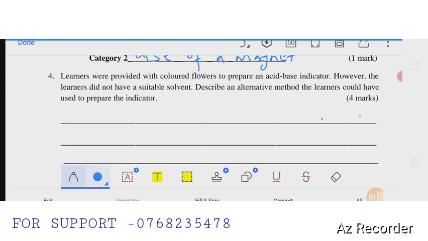The next question: learners were provided with colored flours to prepare an acid-base indicator. However, the learners did not have a suitable solvent. Describe an alternative method that learners could have used to prepare the indicator.